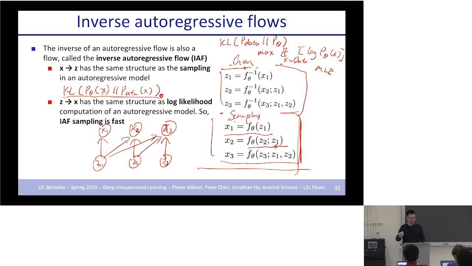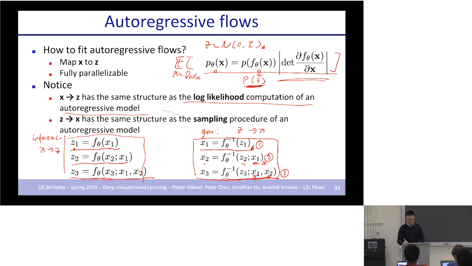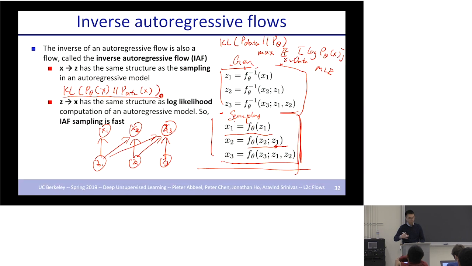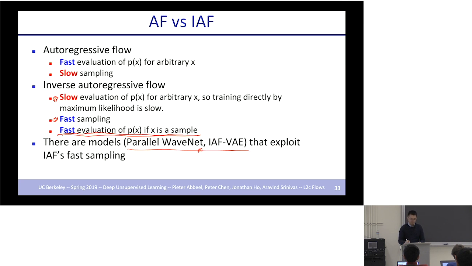So you know your Z, and if you know your Z, you can do this evaluation very quickly and keep track of all the determinant terms during the feed-forward pass. That's why when you sample, you also get a likelihood evaluation for free. The core reason arbitrary evaluation is slow is that you need to invert to get back the Z. Inverting to get the Z is slow, but when you sample, you already have the Z.